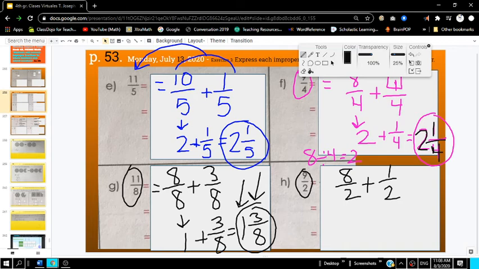We could also say, for example, it's the same thing as 5/2 plus 4/2. But for simplicity's sake, we're going to go with the first example, because that'll give us a larger whole number to begin with. So 8/2 equals 4, because 8 divided by 2 equals 4.